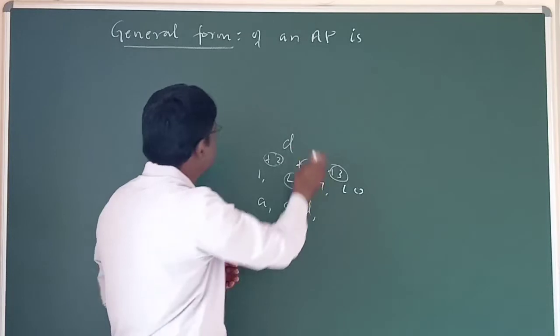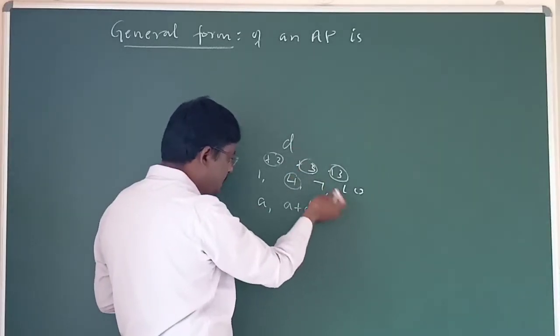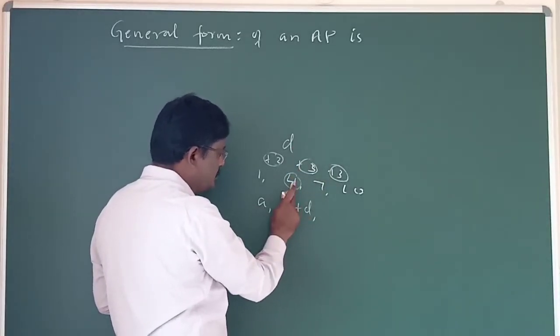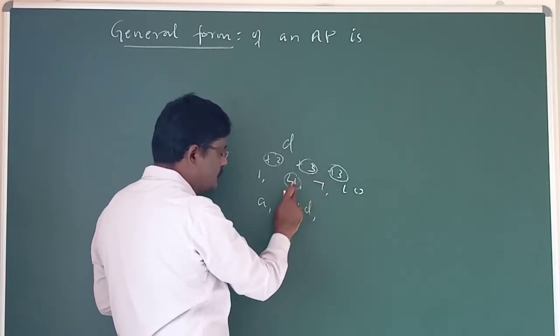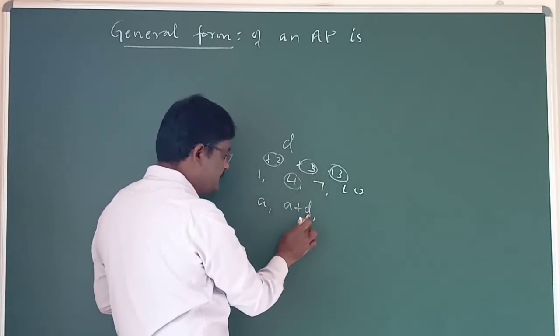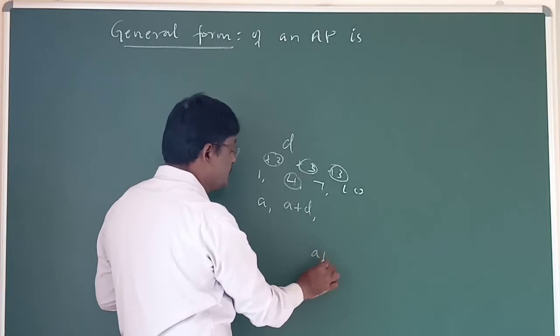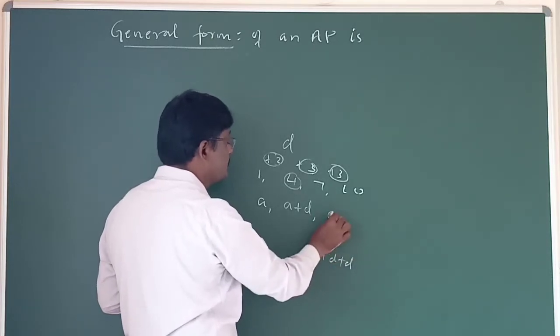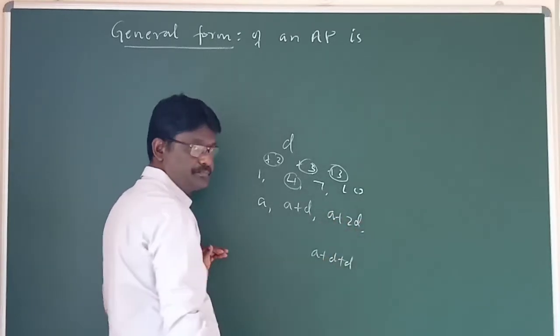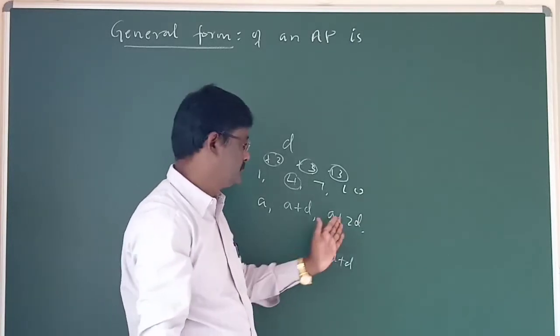Okay children, therefore, what will be the next one? Add D. Adding 3 to 4, we get 7, like that. If D is added, we get A plus D plus D, nothing but A plus 2D. Now you know what is that?